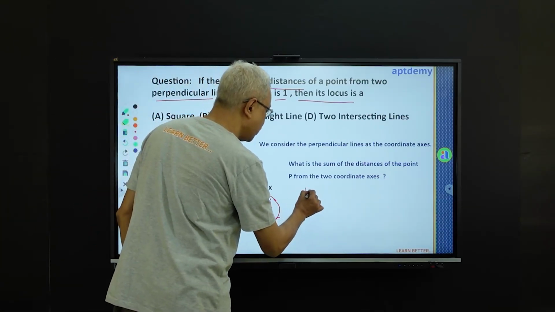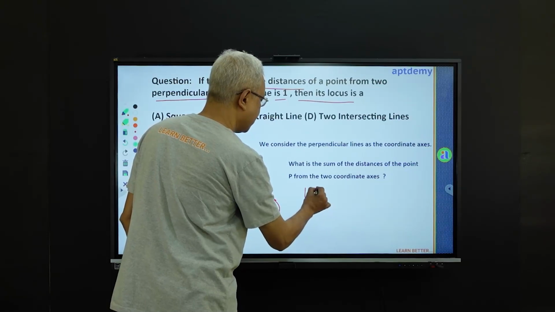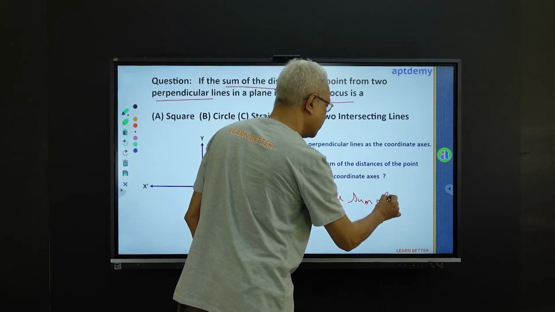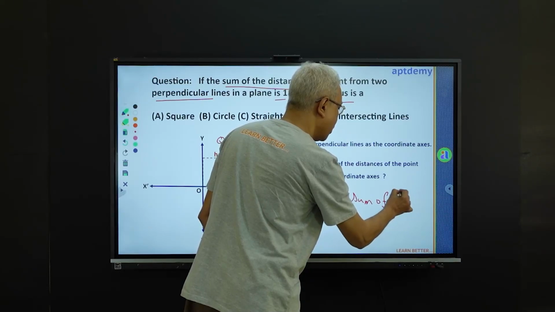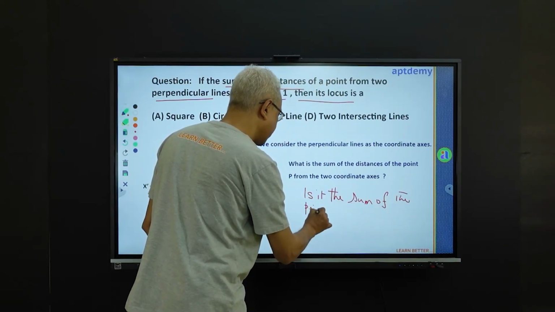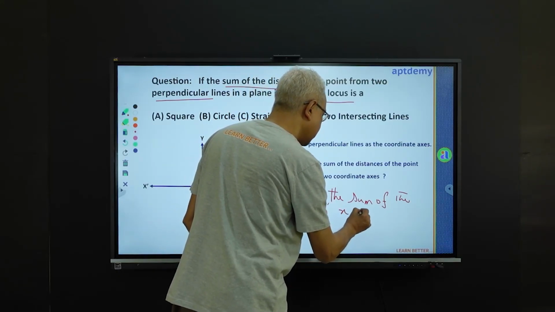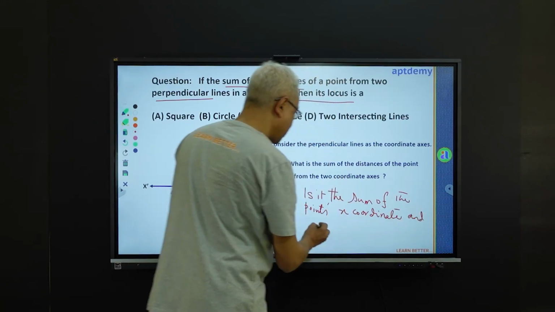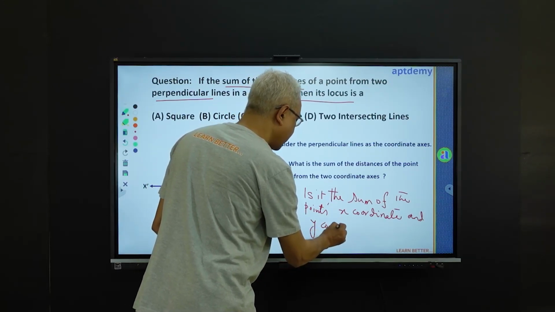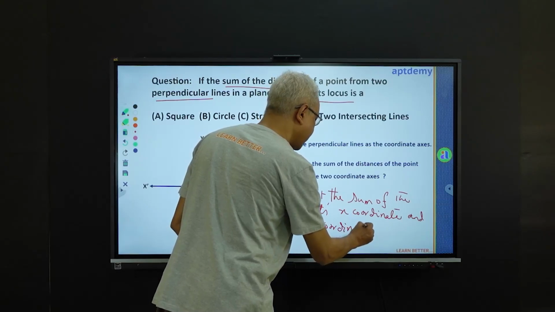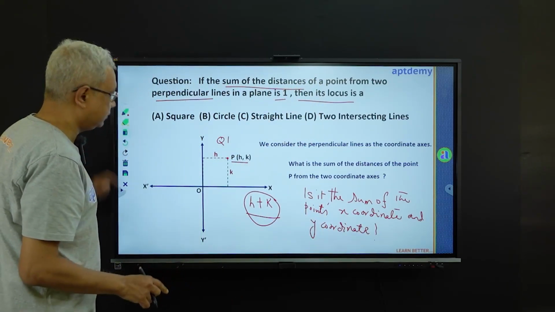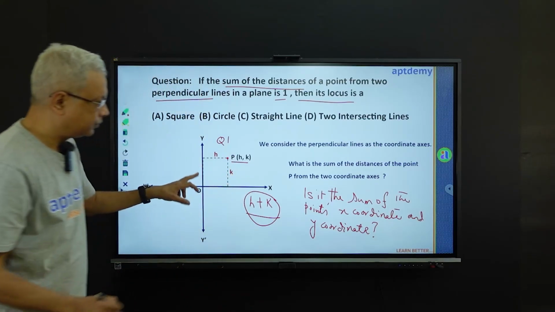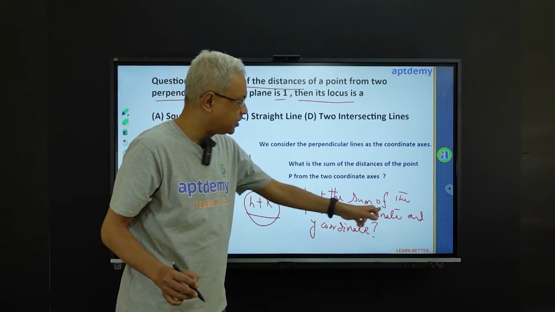The moot question is, is it the sum of the point's x coordinate and y coordinate?